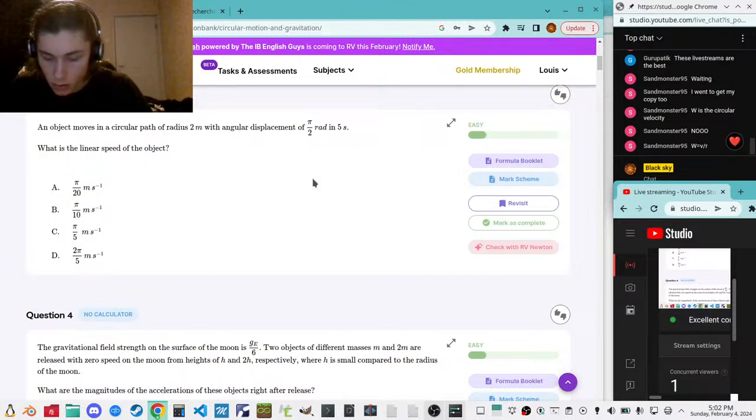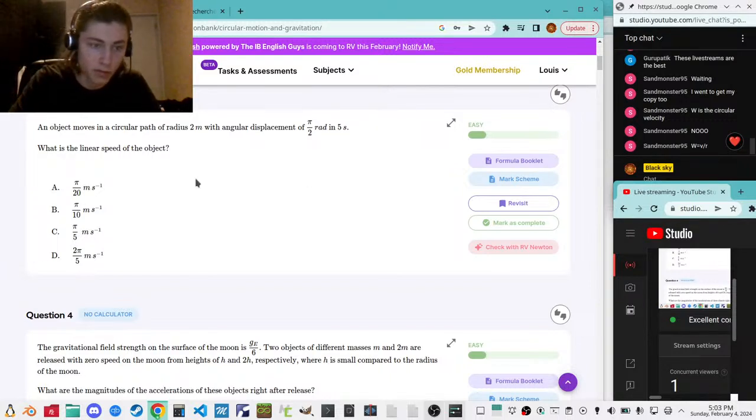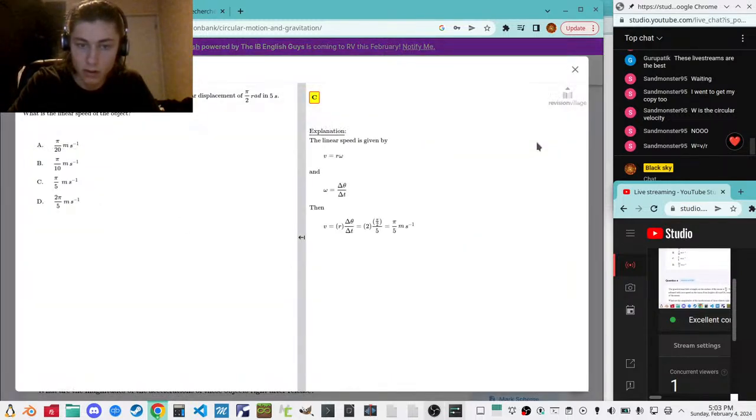V divided by R. Yeah, but we're looking for V. So I'm just gonna assume it's pi over 10, and then radius 2, so then it's just pi over 5. C. Is this correct? Okay. W's, yeah, okay. Angle divided by T.